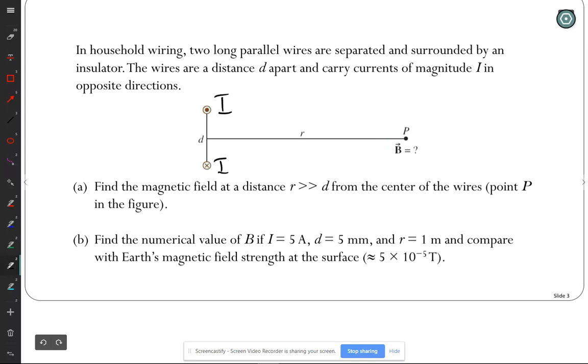Greater than means much, much greater than. For now, just find your answer without worrying about that, and then I'll explain. Okay. Define theta so we can all use theta the same.